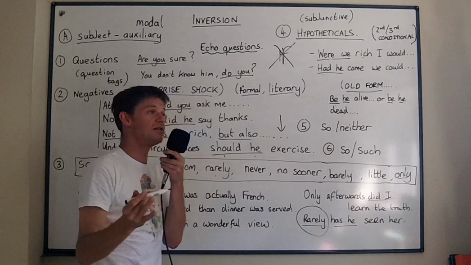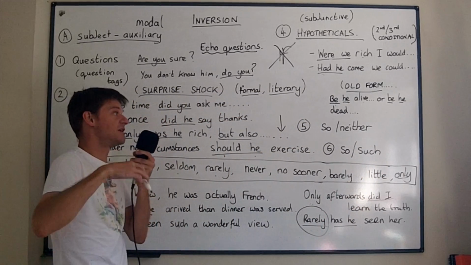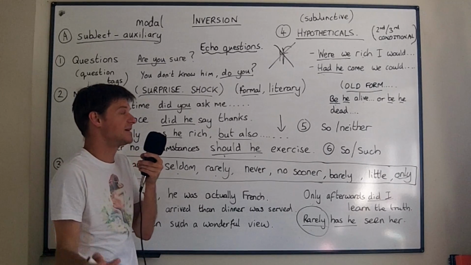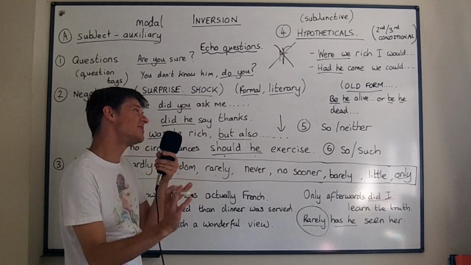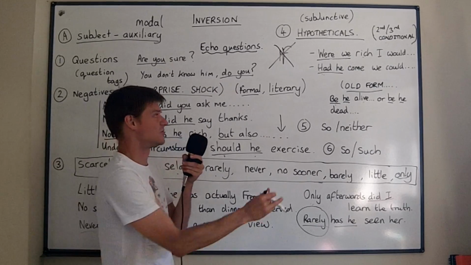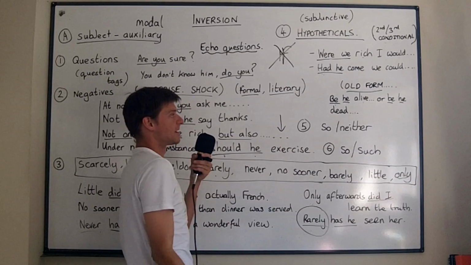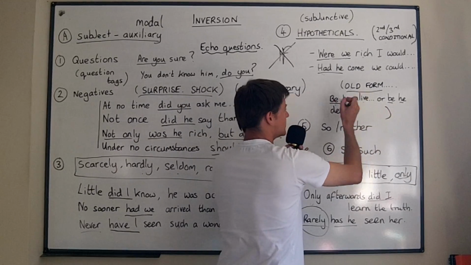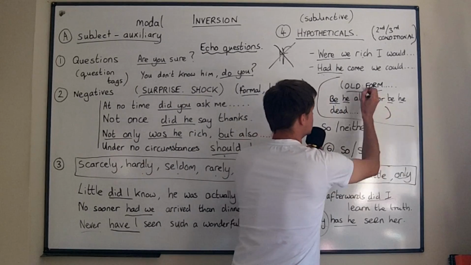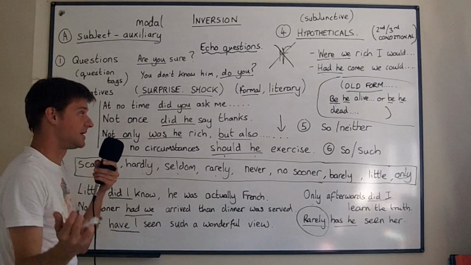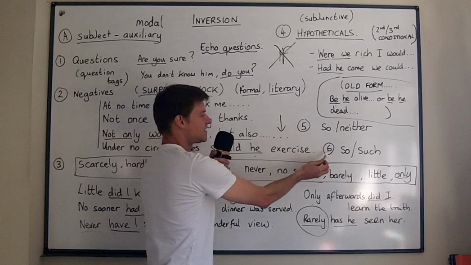It's actually saying, if he were alive or if he were dead, I would grind his bones to make my bread. And I suppose it's not really doing it in a second conditional, but more first conditional. If he is alive, I will grind his bones. But this is very old. I don't suggest you use that. It looks a bit funny to me too, and it would sound funny if you used he be or she be.